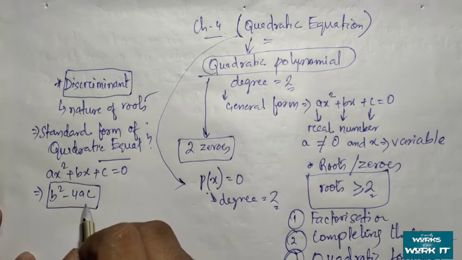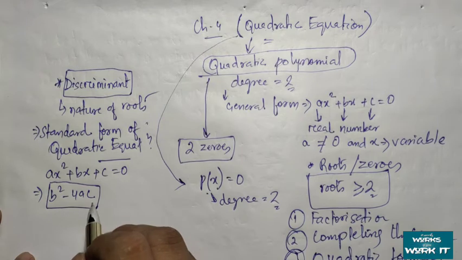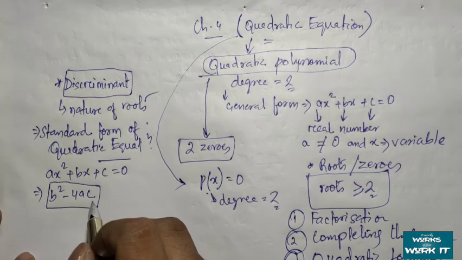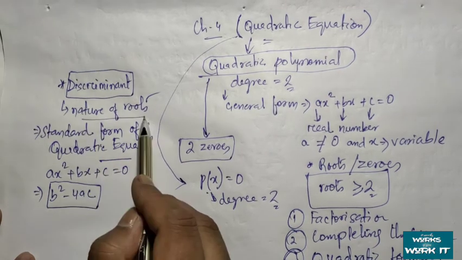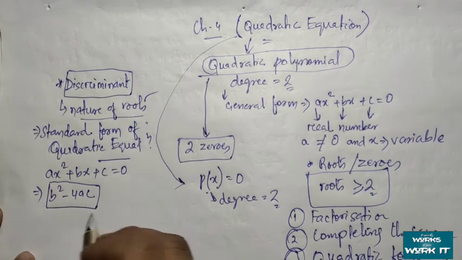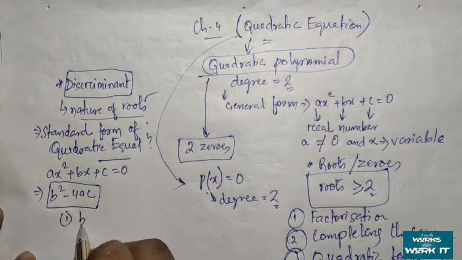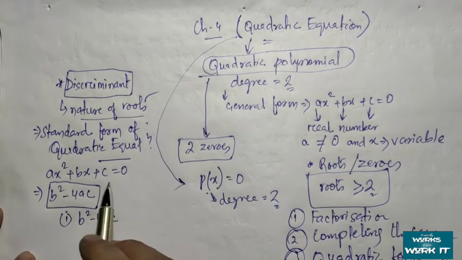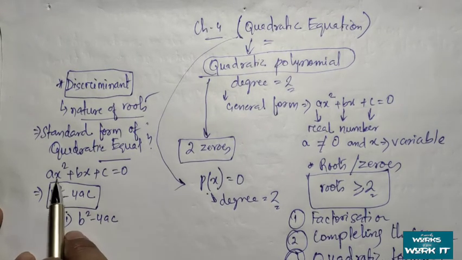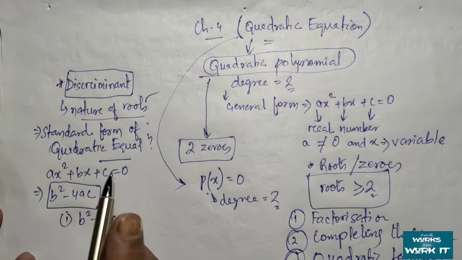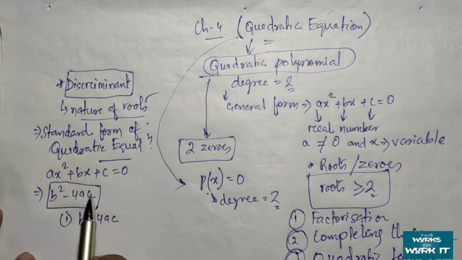It is called the discriminant of the given quadratic equation, and this determines the nature of the roots.